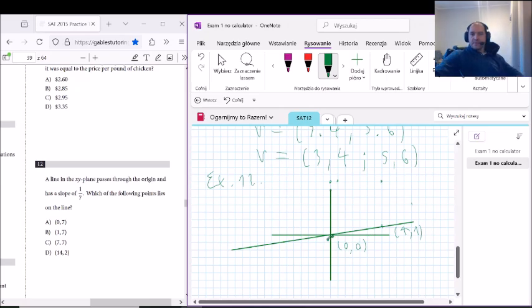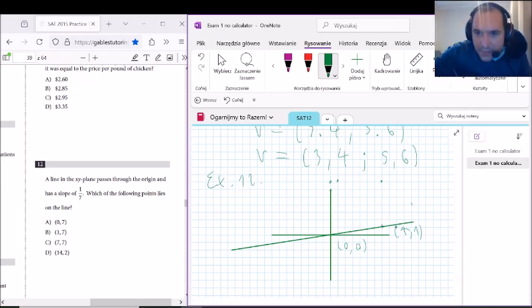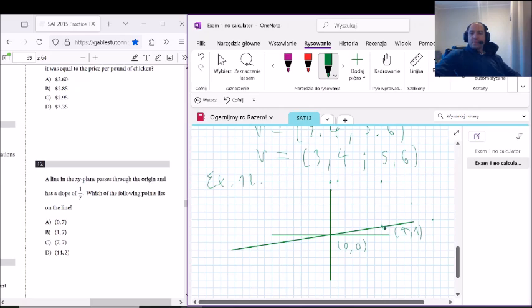Once again, not. And 14, 2. Here is 7, 1, and once again 2, 4, 6, 7, 1. We moved by 7 on the x-axis to the right and 1 on the y-axis up. So yes, it will lie on this line. So it will be answer D.